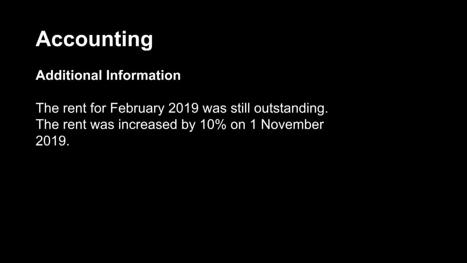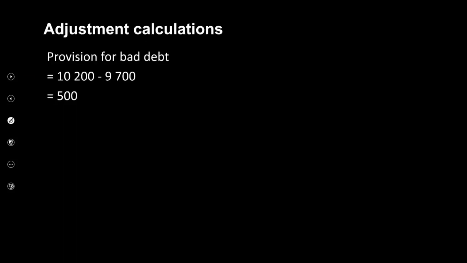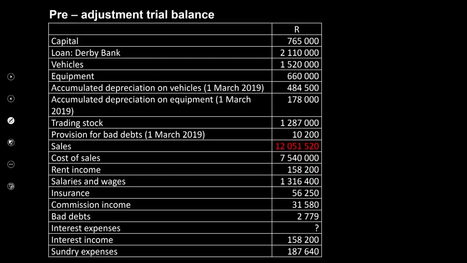Okay, the next adjustment that we have, we are told the rent for February 2019 was still outstanding. Right, so immediately we know that we are dealing with an outstanding amount. What do we look at? We look at the fact that it's a rent. Let's identify the account.